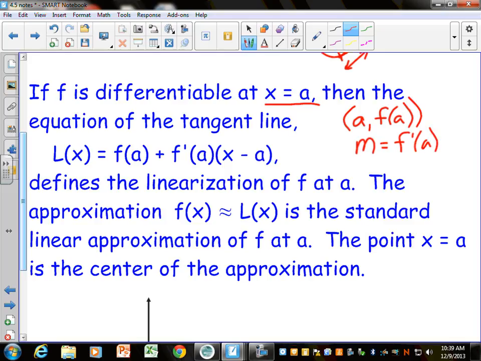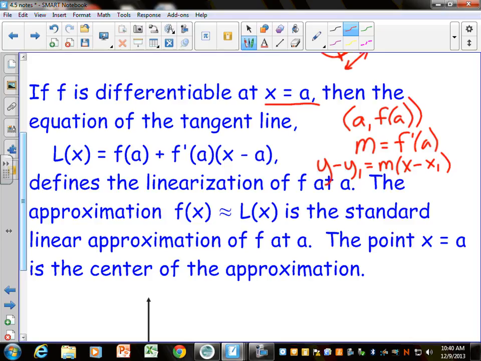Do you agree with that statement? And we use point-slope form, yes? So when I write my equation in point-slope form, we do y minus y1 equals m times x minus x1. What if I just plug these values in instead of y1 and m and x1? You should get a very similar statement to what they give you.